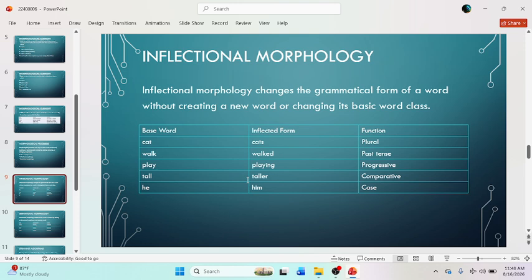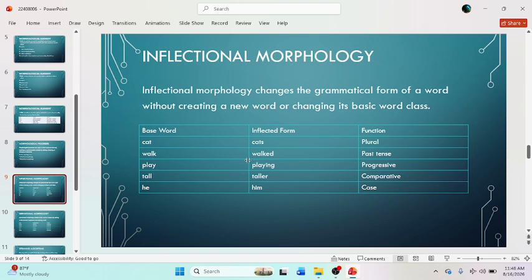First are inflectional morphemes. Inflectional morphemes change the grammatical form of a word without creating a new word. Here we can say cat. The inflected form is cats. That means no change in the meaning of the word, but the grammatical form changes. From cat, the singular base word, cats is the inflected plural word. Second word is walk.